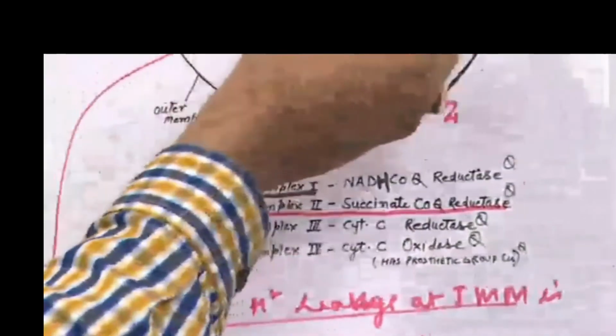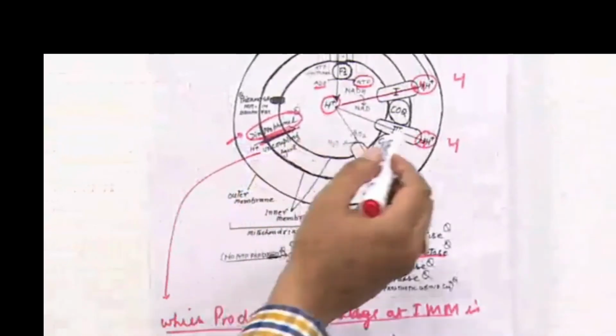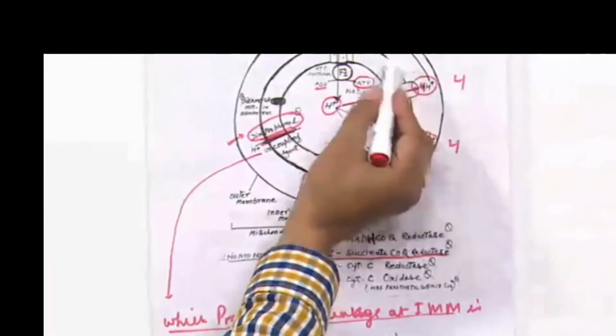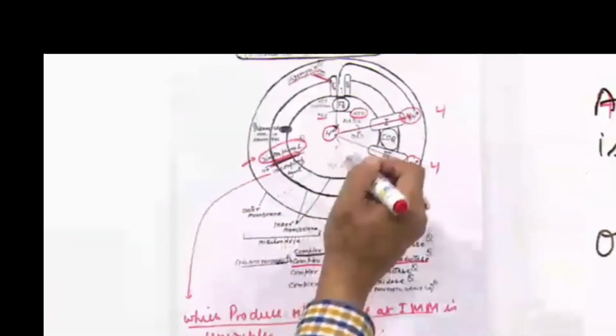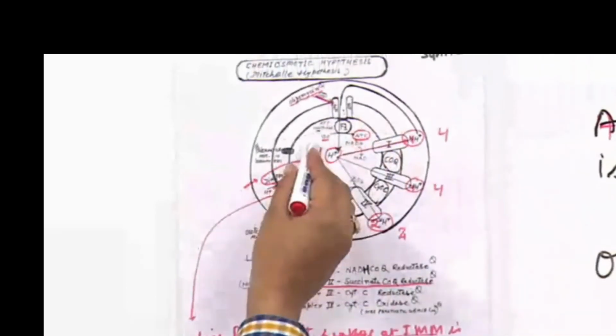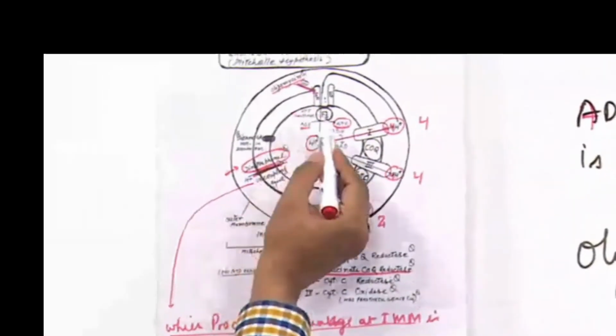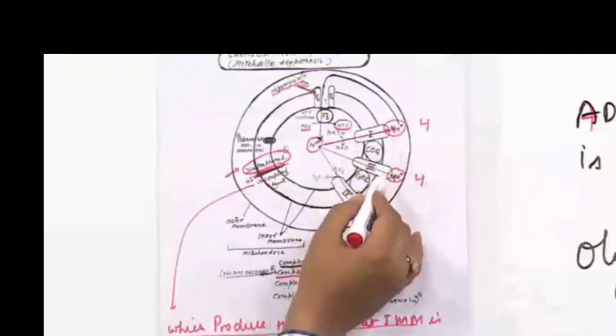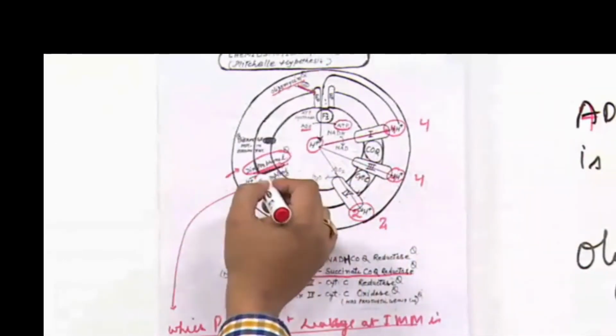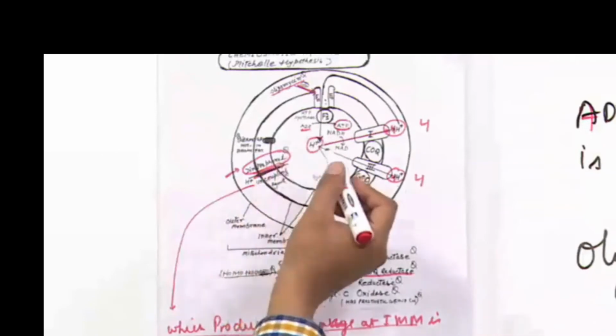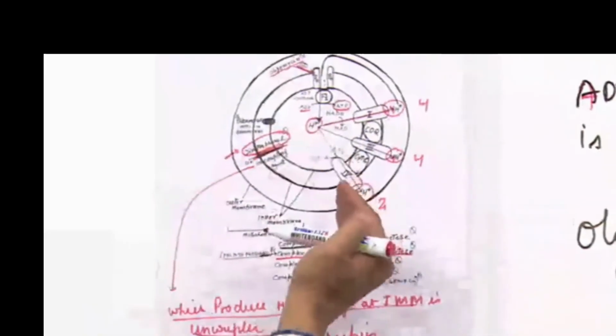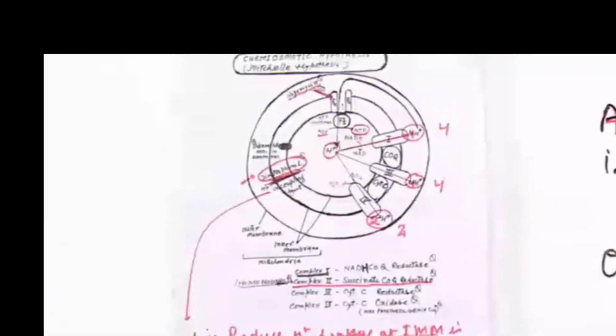We know that these 4 H+ have energy sufficient to produce 1 ATP. When these 4 H+ pass through complex 5, they are going to produce 1 ATP, but when these 4 H+ pass through this leakage, they are not going to produce ATP. That energy will be released as heat.